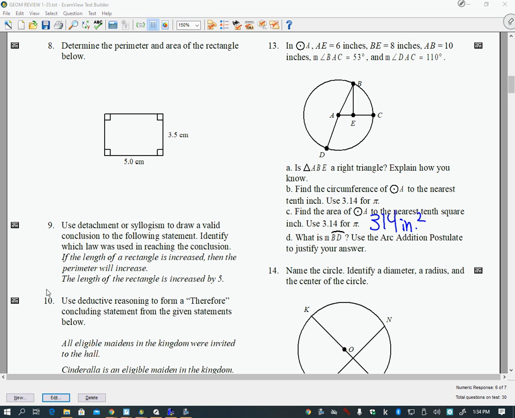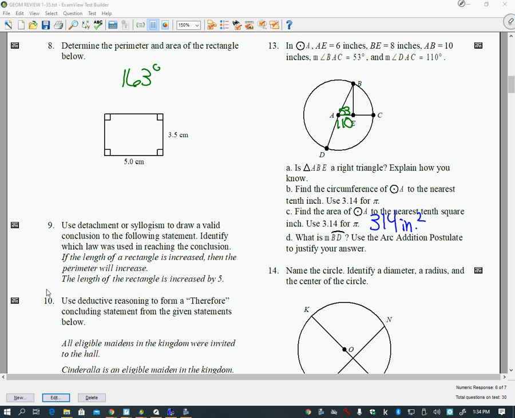No. How do you know it's not a diameter? It's angled. It doesn't really look like it, but if that was a straight line, they tell me the angle BAC is 53 degrees, but DAC is 110. If BAD was a straight line, what should it add up to? 180. And it only adds up to 163 degrees, correct? All right, so BAD is not a straight line, so be careful with that.